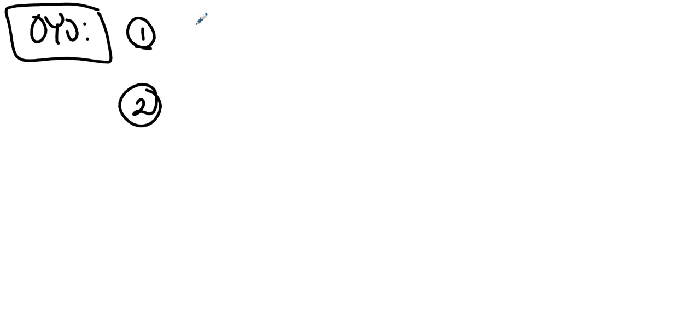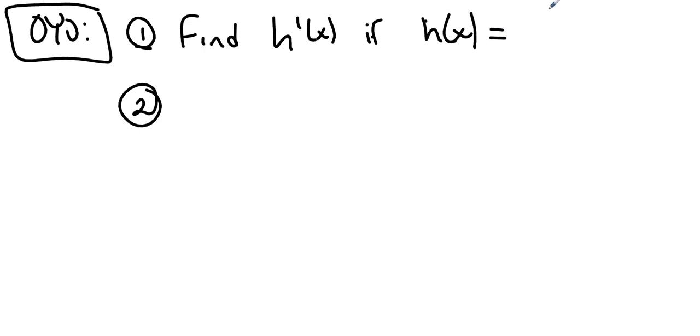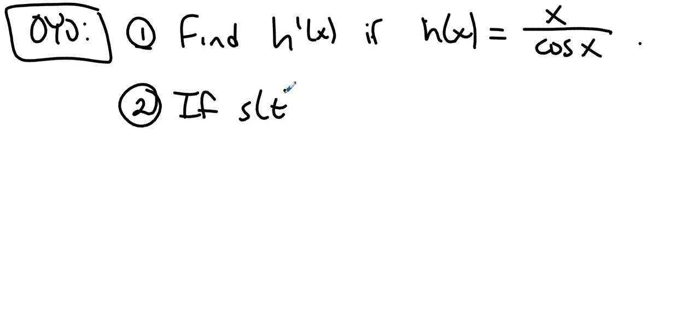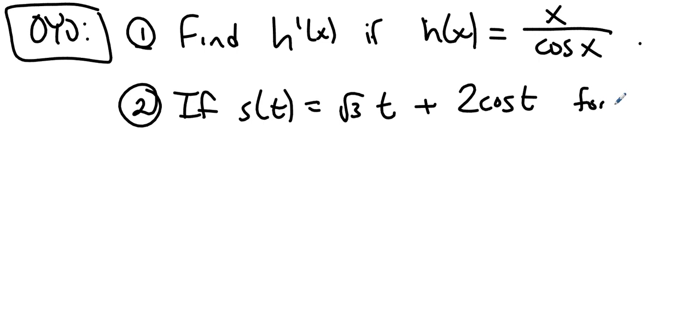This is an appropriate time for a couple of OYO questions, a couple of things for you to figure out on your own. One would be to find h prime of x if h of x was x over cosine x, and the other would be if you have some position function s of t, and that was the square root of 3 times t plus 2 cosine t for times between 0 and 2 pi.